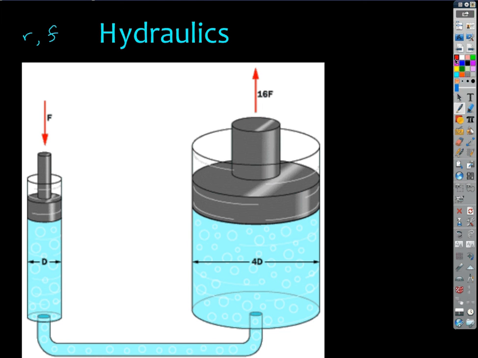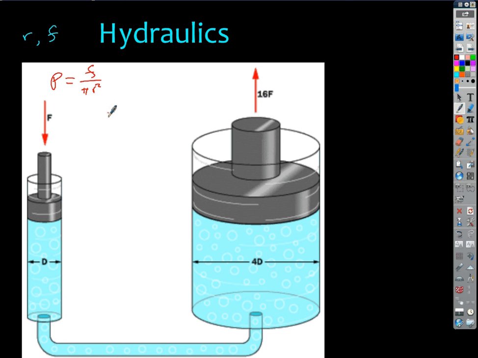So what's the pressure that's acting on the fluid here? Force. What's the area going to be if the radius of this guy is little r? Pi r squared. Okay.